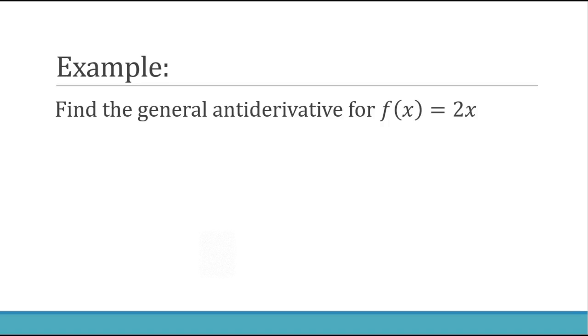In this example, find the general antiderivative for f of x equals 2x. So now the only difference is that it's x squared plus the generic constant c. So we're not picking a specific shift in x squared. We're generalizing it to say some constant c. So this is the general antiderivative.